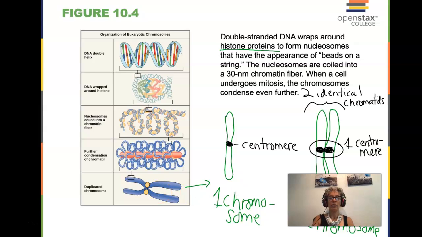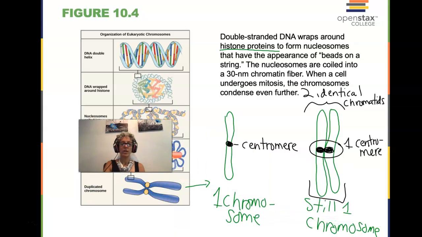So what I have tried to draw over here is our duplicated chromosome. These little gold dots are representing that centromere, the middle of the chromosome, or a position on that chromosome with proteins. So if we have one chromosome with its centromere, before we can do cell division, all of the chromosomes have to duplicate.